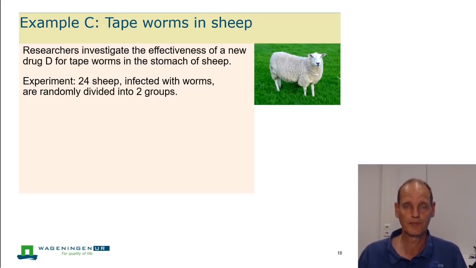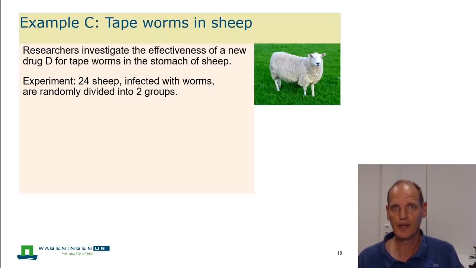So we now come to the third example, example C, about tapeworms in sheep. It's a case for 2 independent samples, or more precisely for the case of 2 treatments, where the treatments are randomly assigned to the experimental units. Well, what is it about?